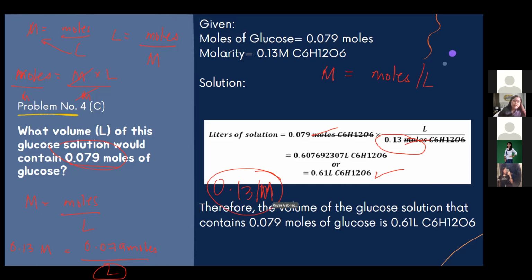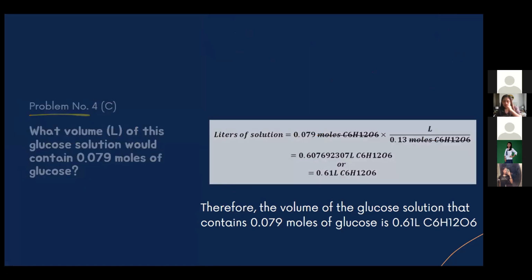So I showed on the screen how to derive the formula. Questions for this letter C before we move on to number 5? None. So let's have the number 5 reporters.